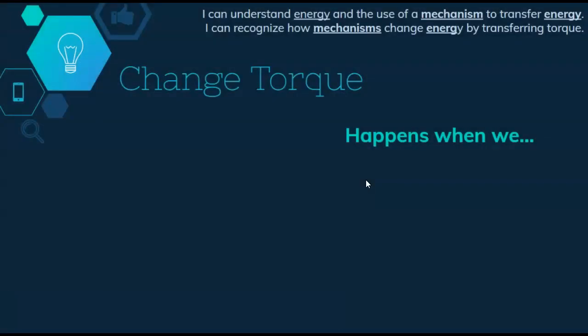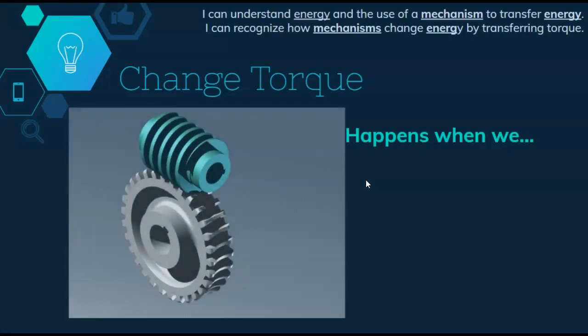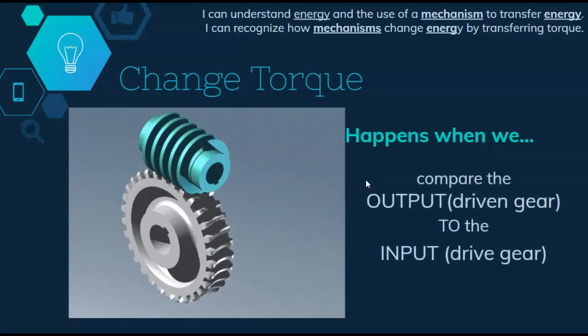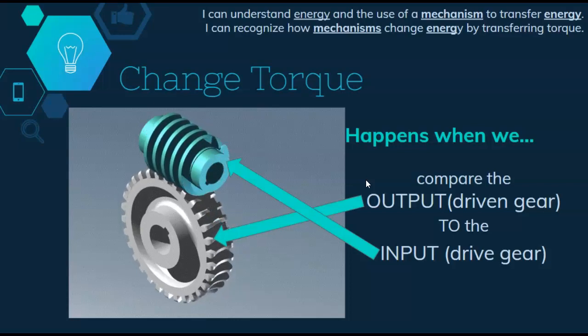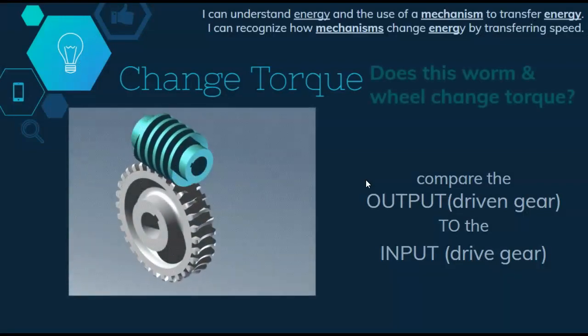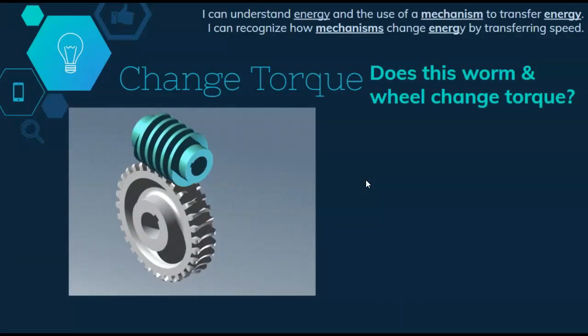So a change in torque. How do we know when that's going to happen? Well, remember, we have to be looking at comparing our output gear to our input gear. We only will know if we have a change in torque by comparing the two. So does this worm and wheel change torque?